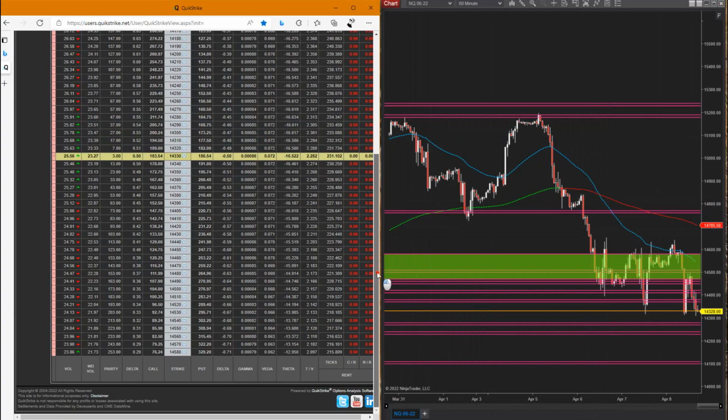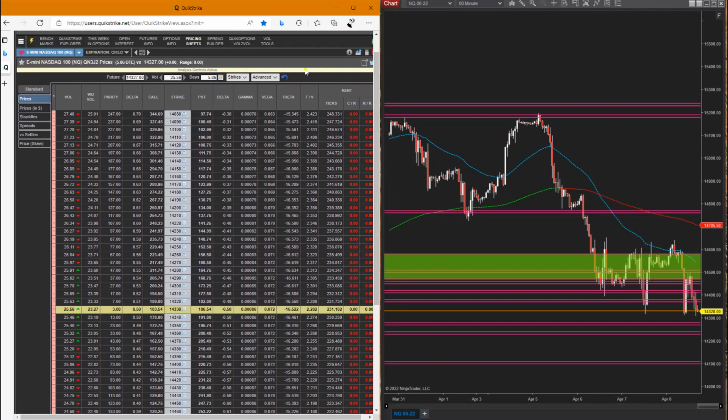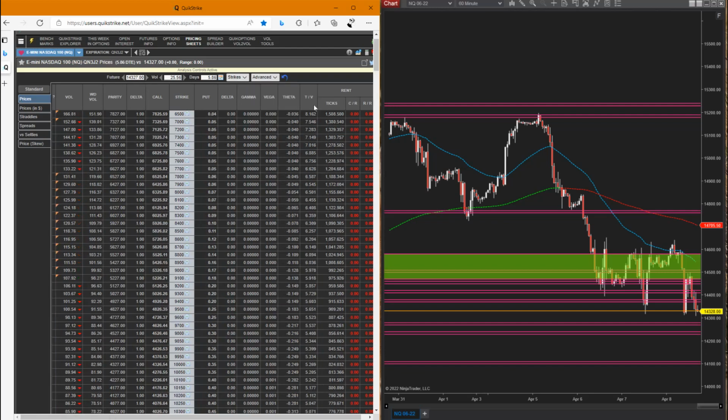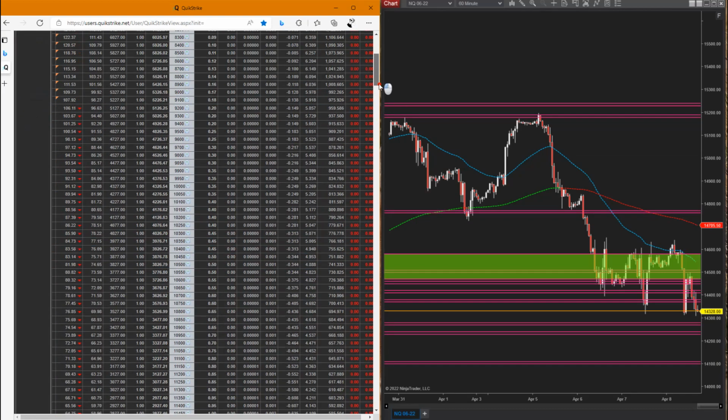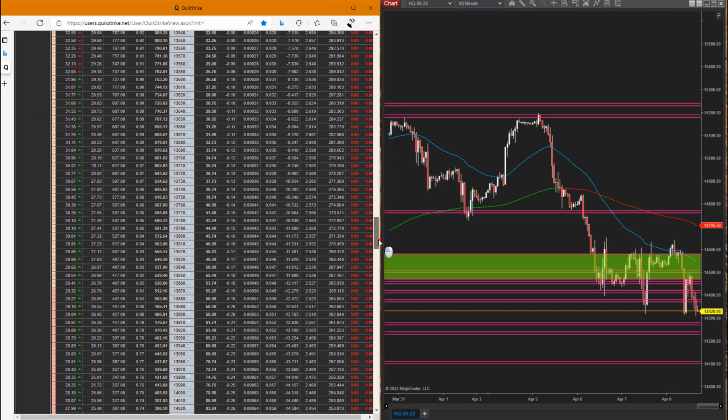So there are outer strikes available if I change my strikes to all. I could widen this out, but I don't really need to push that weekly out any further because it probably will go into the monthly, but I'll just look at it just in case.